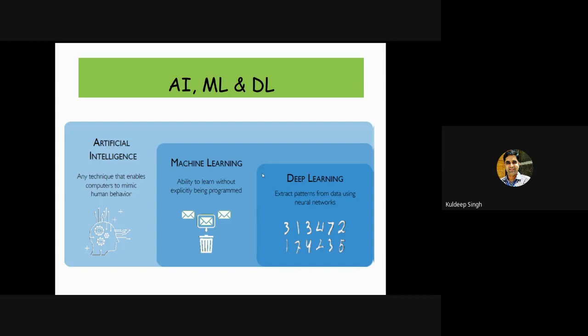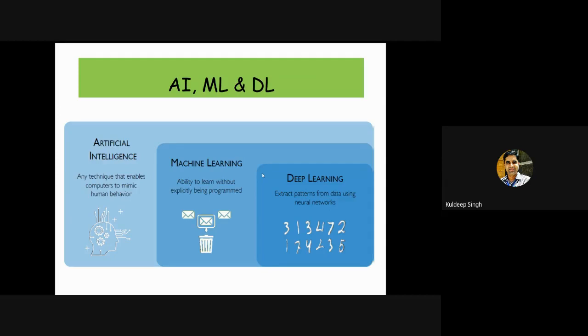We will provide images of different fruits along with their labels or their category. The machine will extract some kind of features out of them, and then it will be trained. And once the model is trained, it will be able to classify any unknown or test image which was not part of the training. So that's why machine learning is more about the ability to learn without being explicitly programmed.